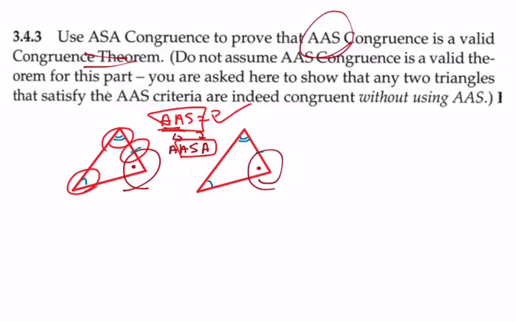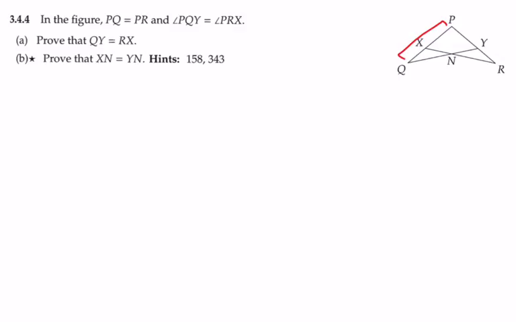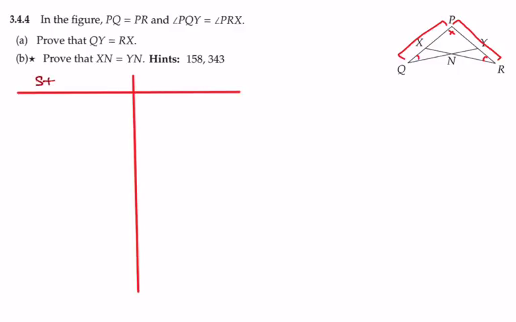All right. Now let's look at the last question here. As you can see the givens here, those two line segments are equal to each other and angles are equal to each other. But the thing is, the angle P is reflexive between two triangles, which we'd like to prove. So first we're going to write down the statement and reasoning.